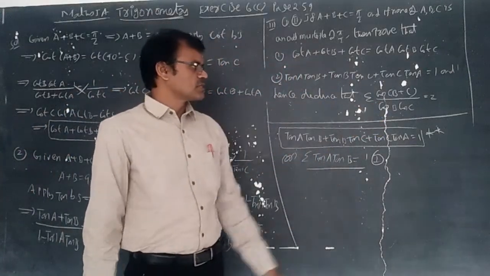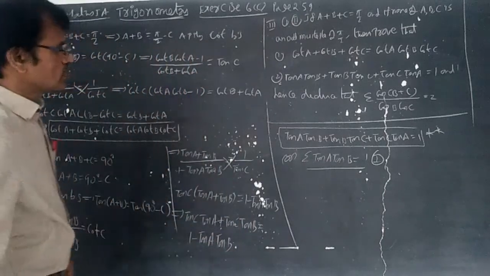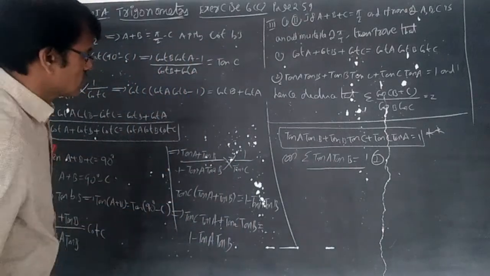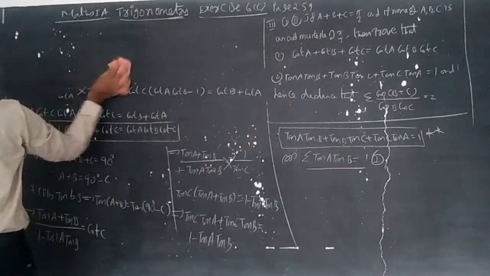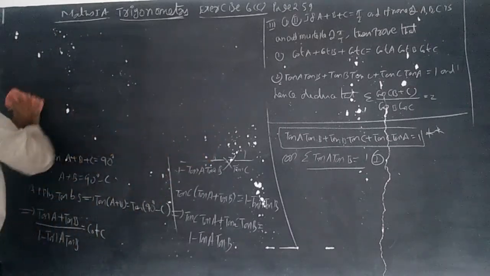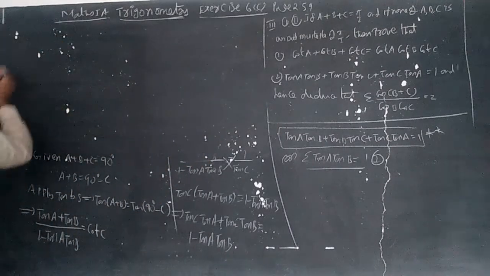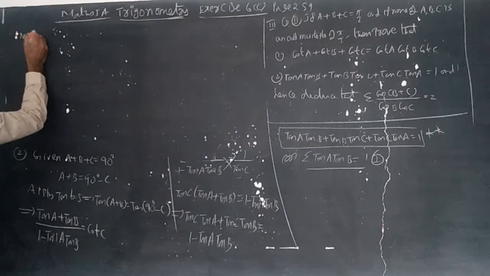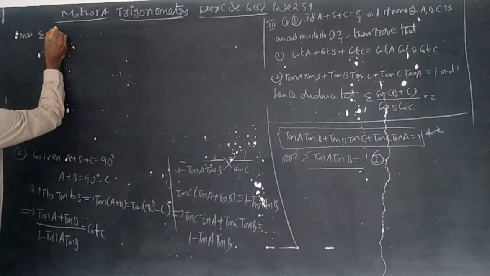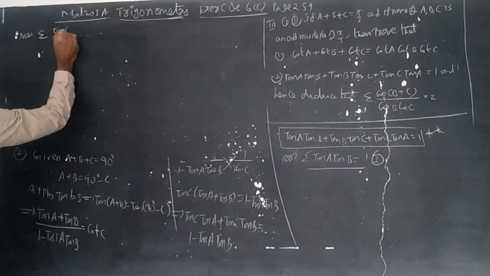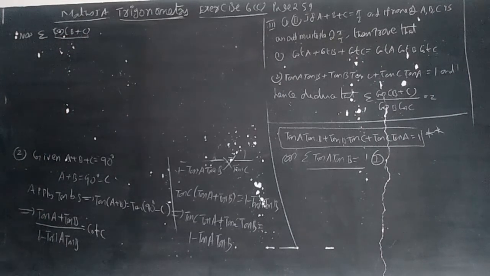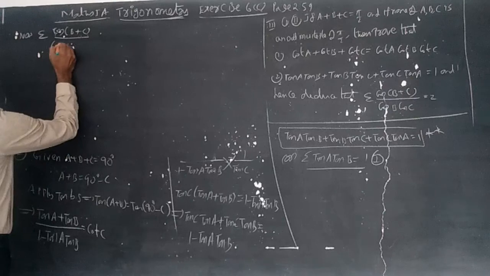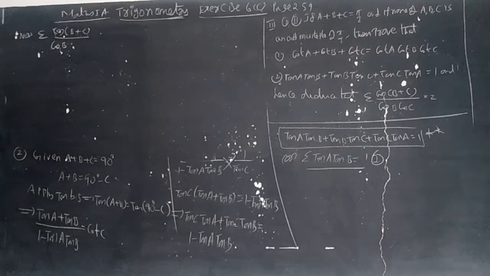This one: sigma cos of a plus c by cos b cos c is equal to 2. Now, this question. Now sigma cos of b plus c by cos b cos c.